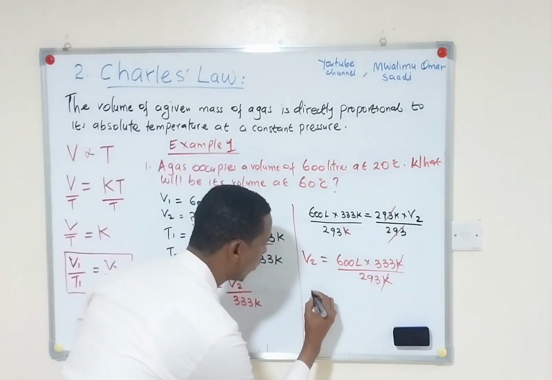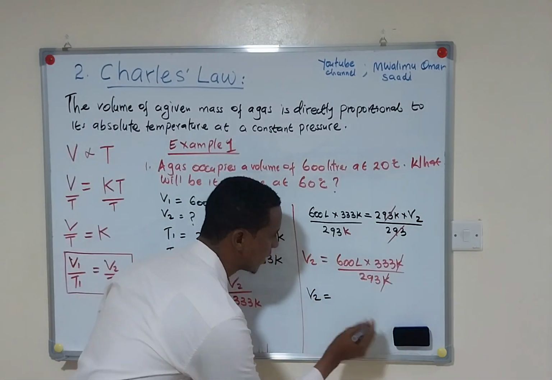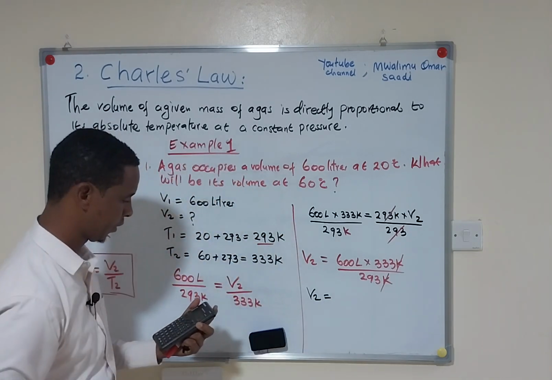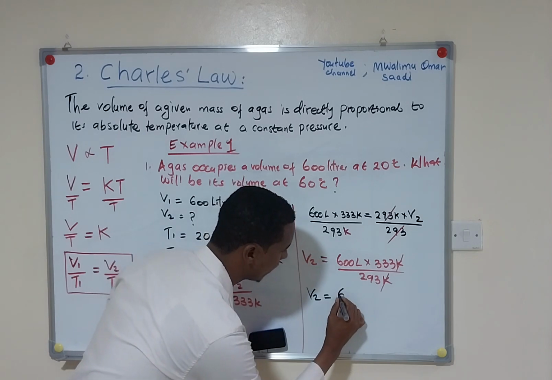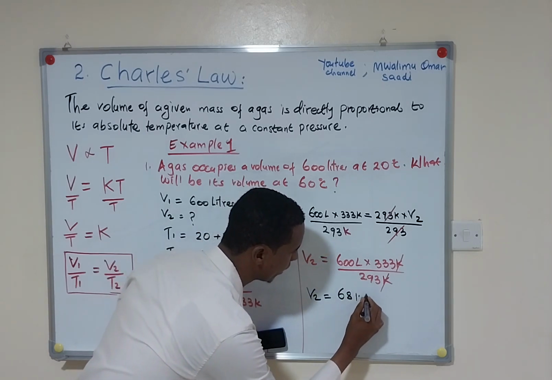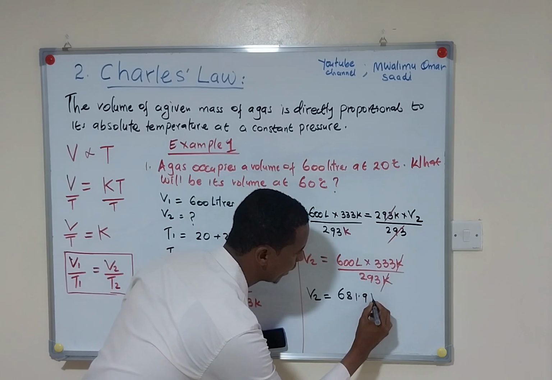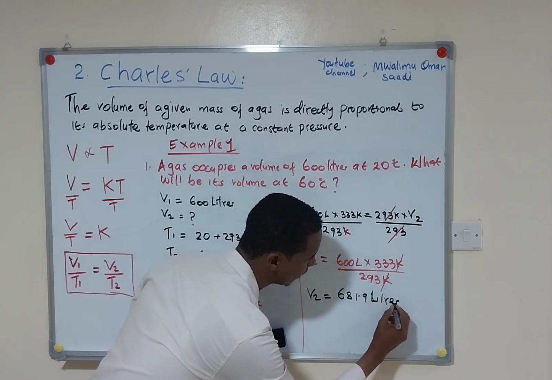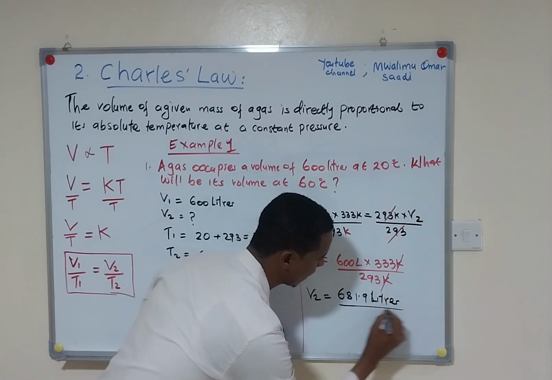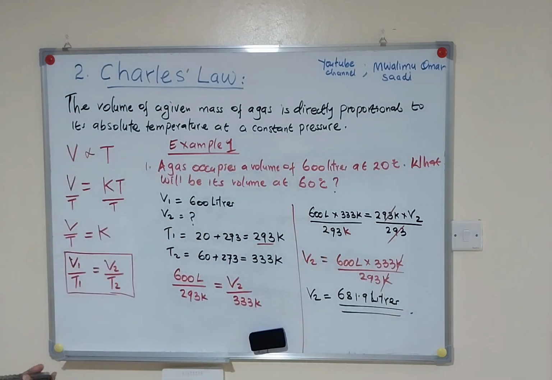So V2 is equal to 681.9 liters. So that is how we calculate V2 for that particular question. So let's see example 2, another example concerning the same law.